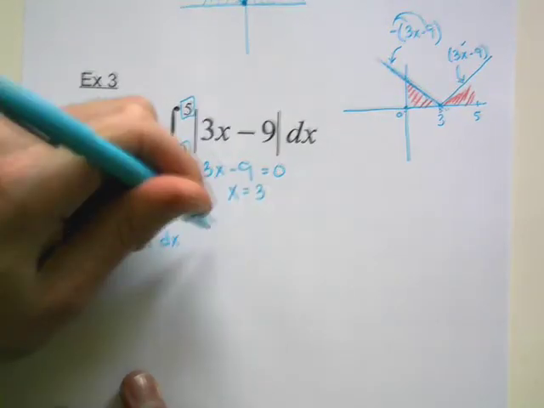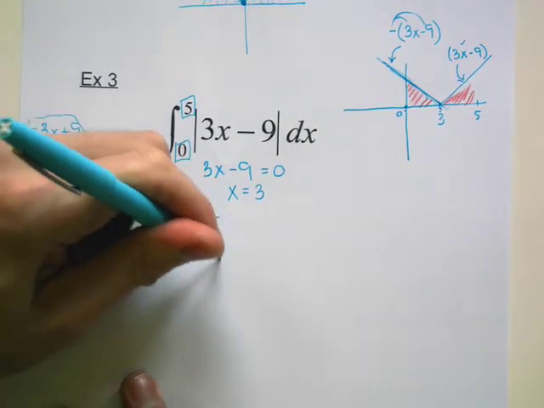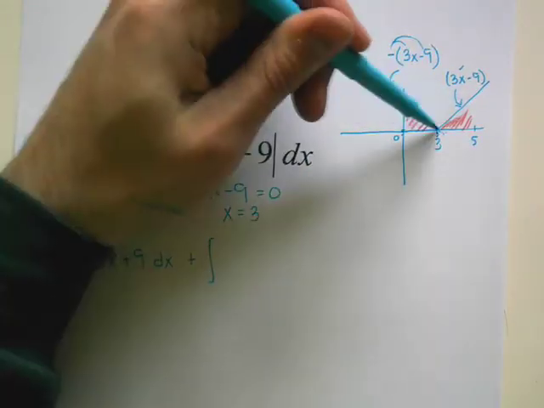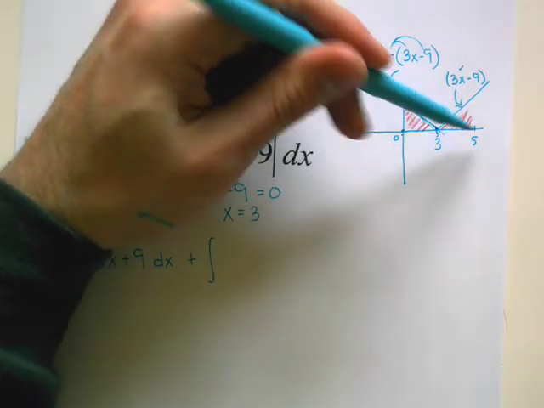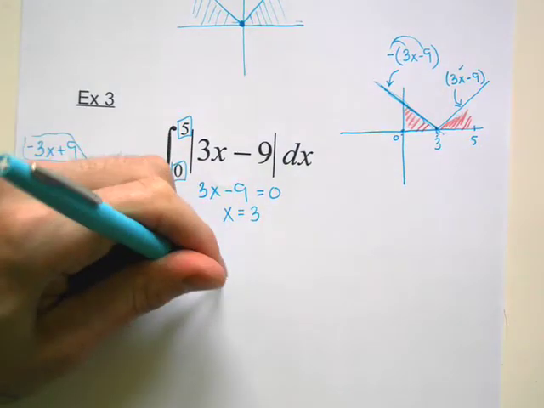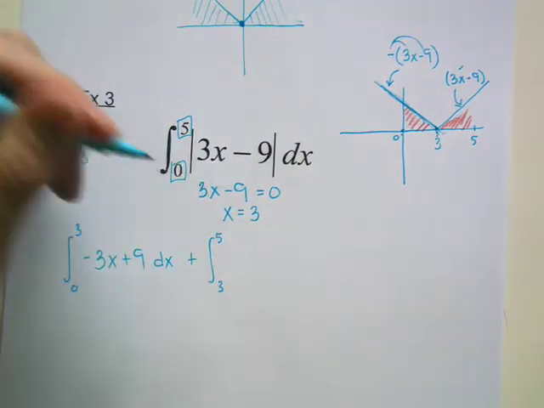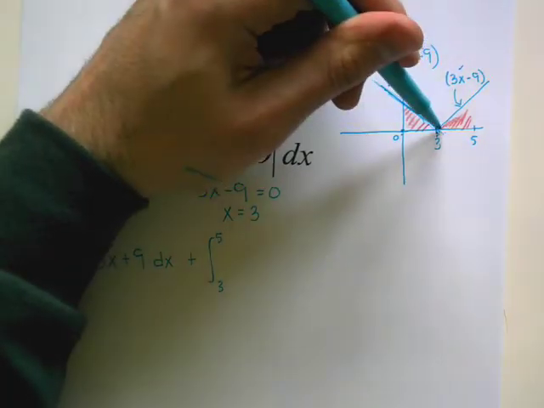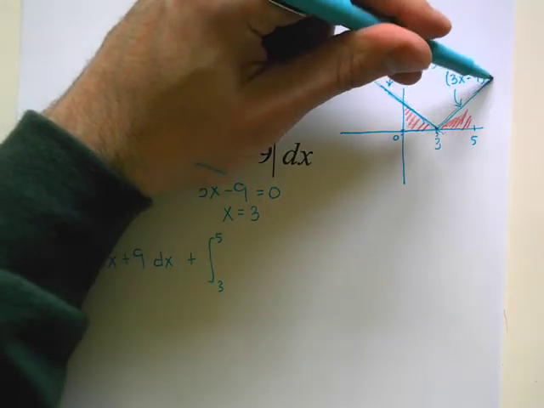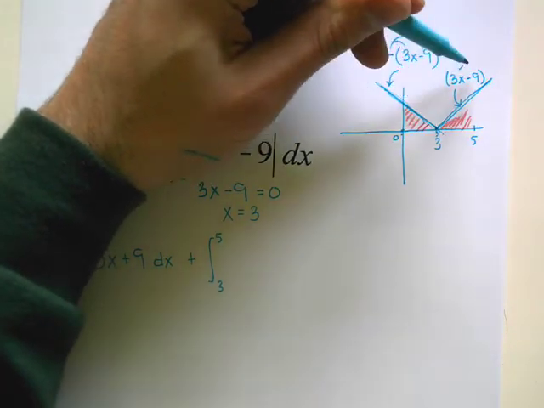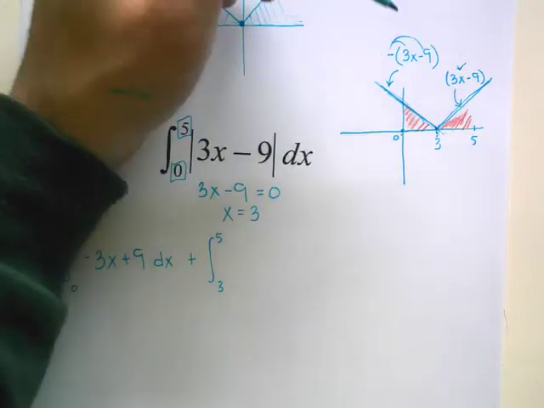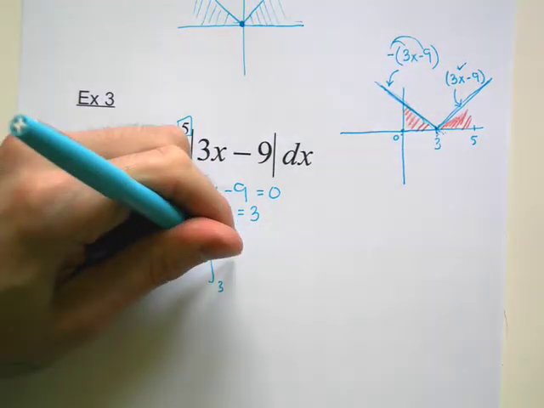And I want to add to it. Now what am I looking at? I'm at 3. I want to go to 5. So it would be from 3 to 5. But now, since my slope is positive, I'm going uphill, I'm going to be using this function, 3x minus 9.